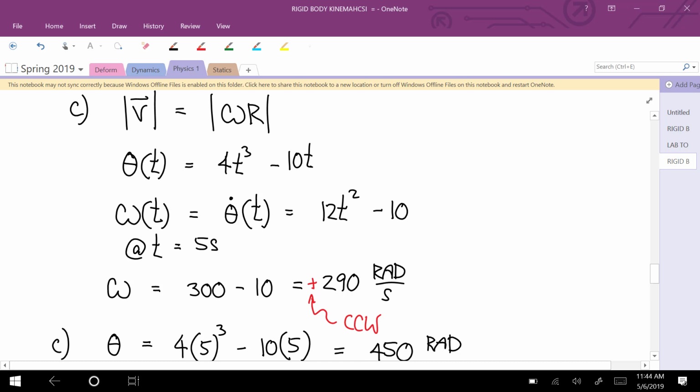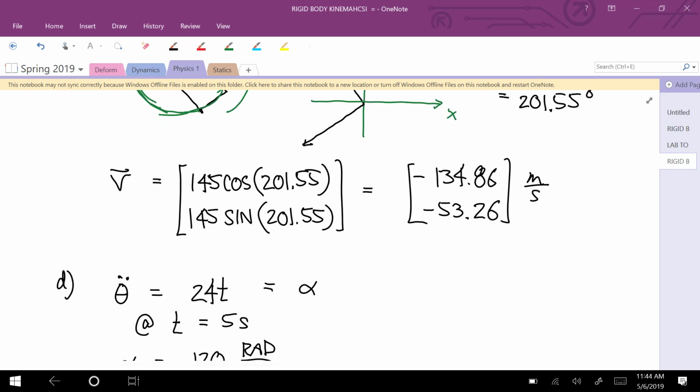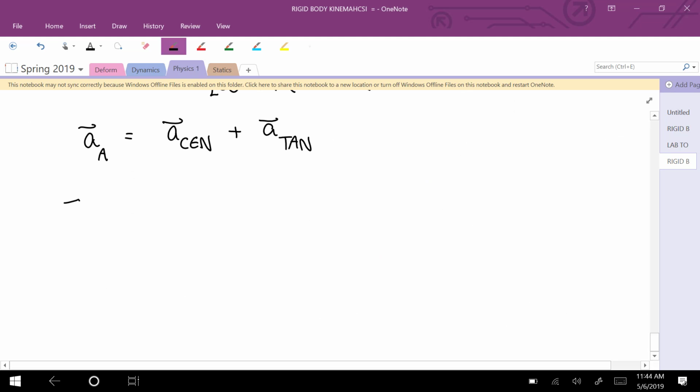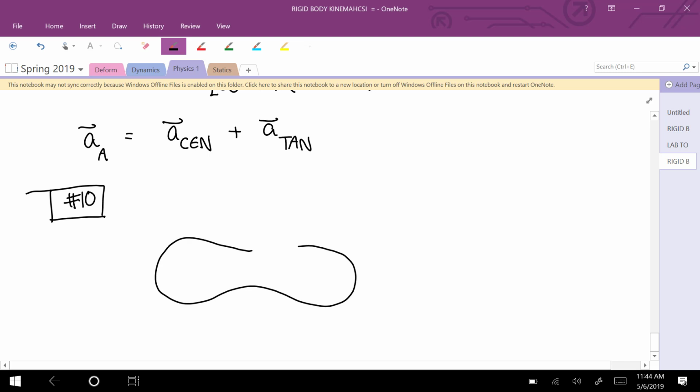Any other homework questions? Yep. 10.1, 2. So we're dealing with this arbitrary shape.